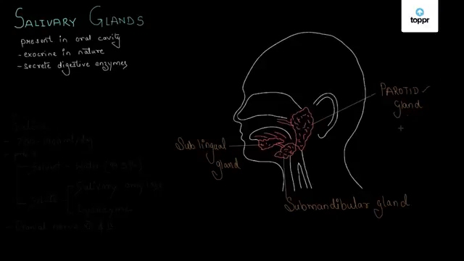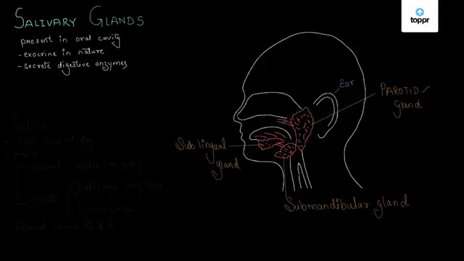These are the largest salivary glands and they are present anterior to the ear. Here we can see that this is the ear and these glands are present anterior to the ear. Now like I just told you, the exocrine salivary glands secrete their secretions with the help of ducts. These glands also possess their ducts.